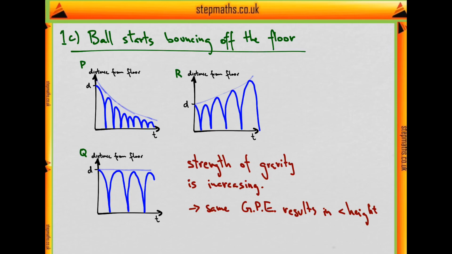That means that with every bounce, the same gravitational potential energy, which the ball keeps throughout, no energy is lost, will result in smaller height every time it bounces off. Gravitational potential energy is mgh, and when g increases over the time, then h will decrease gradually. And the only graph in which we see that is P, so only P is possible, and that's option A.